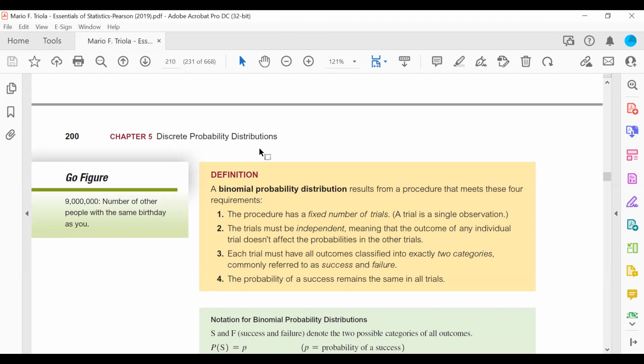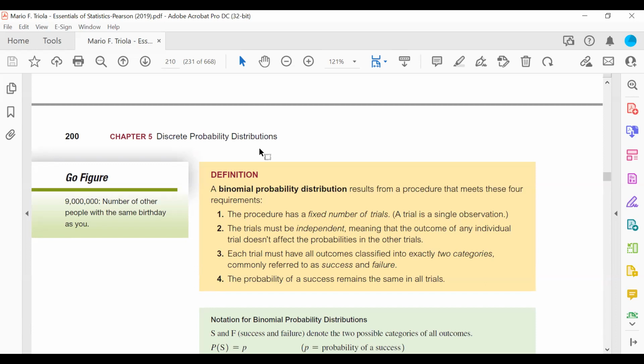The third, each trial must have all outcomes classified into two categories. After they complete the truck, either the truck is a success, they build it correctly, or it's a failure, there's a defect. Those are the only two outcomes that can occur. So good or bad. And the probability of success remains the same in all the trials.